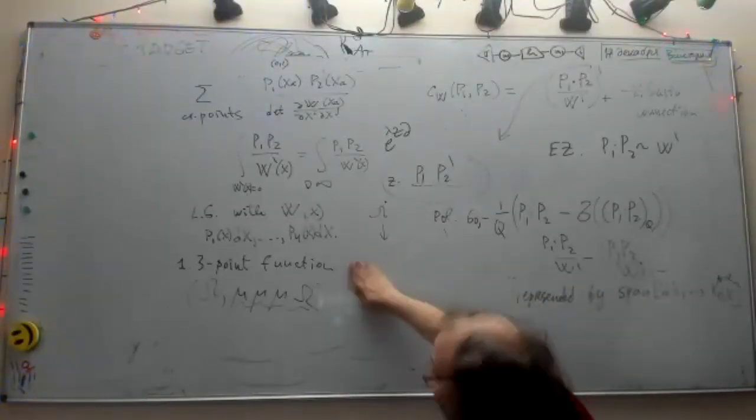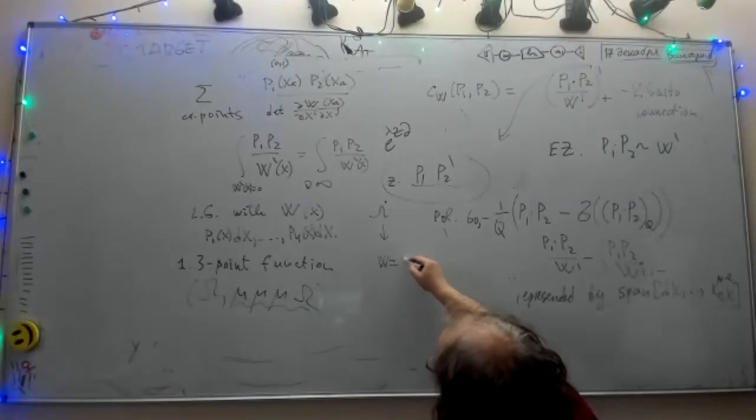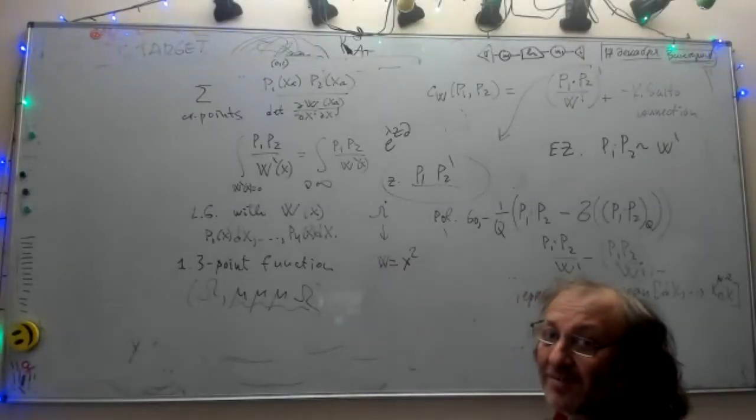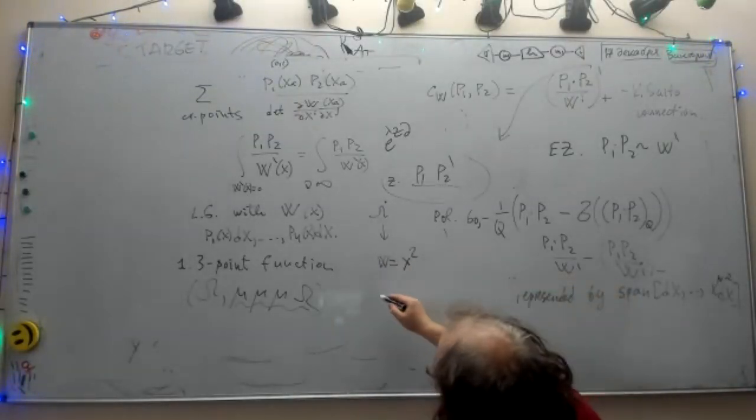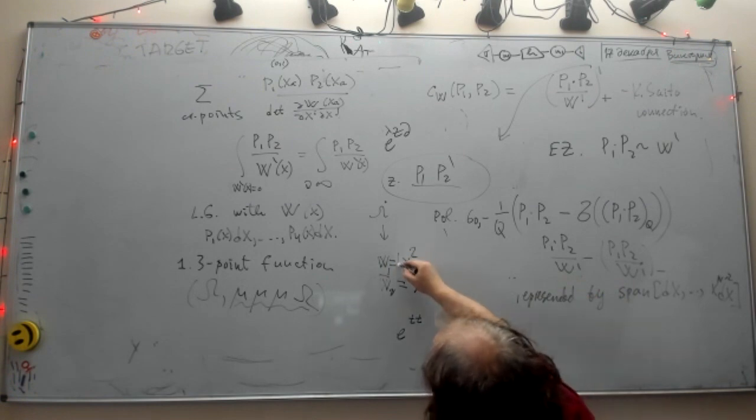Example: suppose you have W that is x squared, and W bar is x bar squared. Then you can easily see that the kernel of the Hamiltonian is like this.